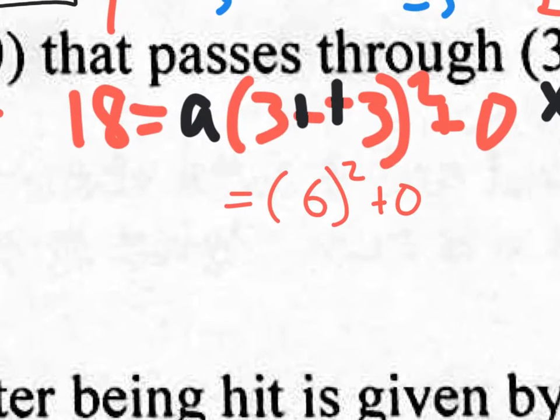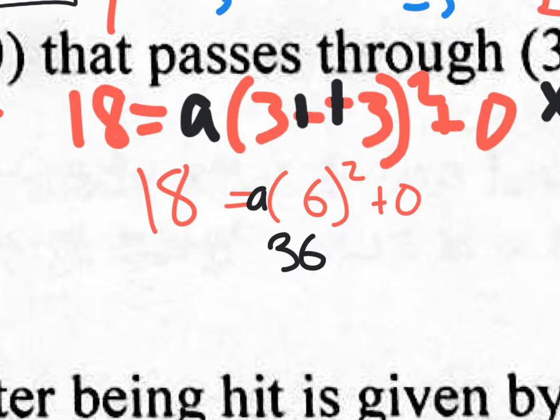We have the 18 on the other side. And let's not forget about the A value that's right in front of the parenthesis. So we have 6 squared, which is 36, right? 6 squared is 36, times A, it's going to be 36A. We still have the plus 0, which really doesn't mean anything. 36A equals 18.